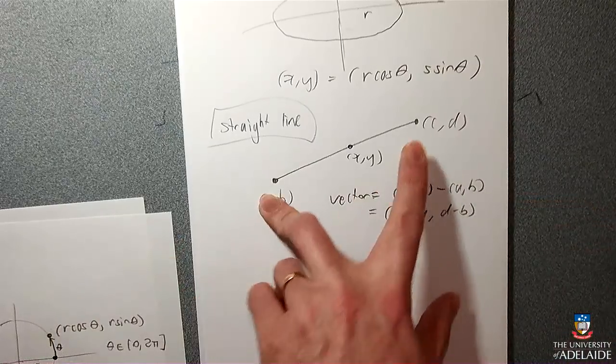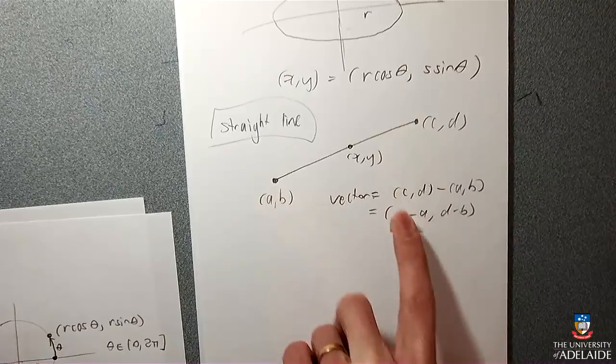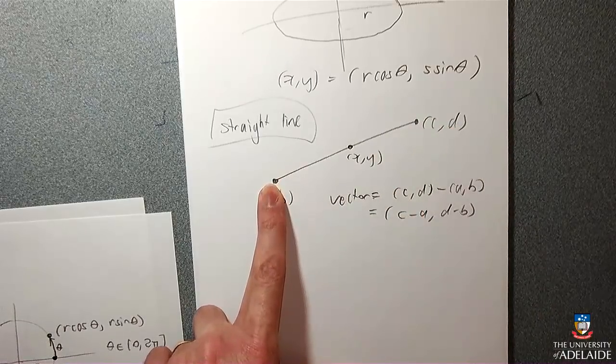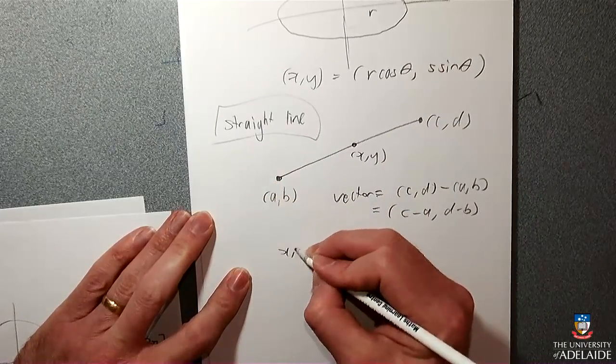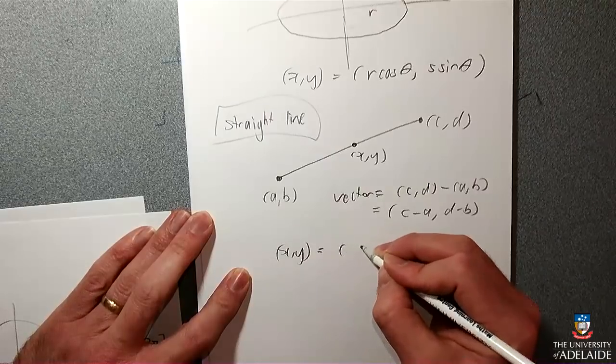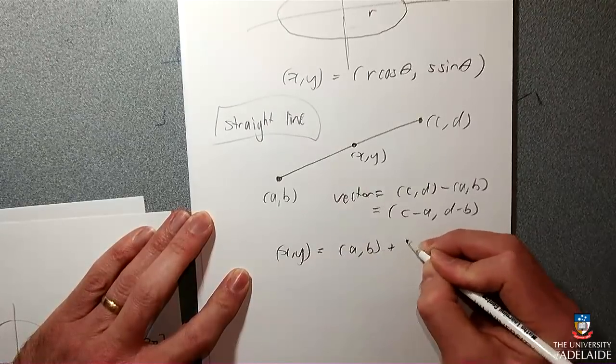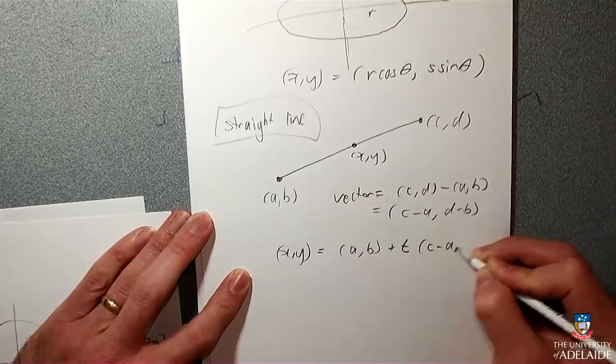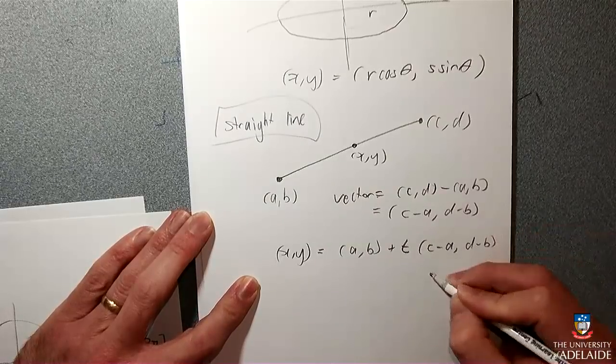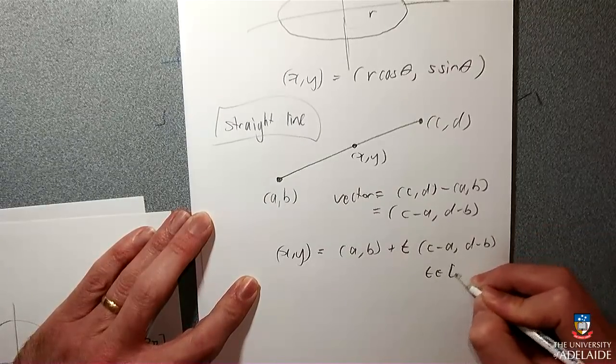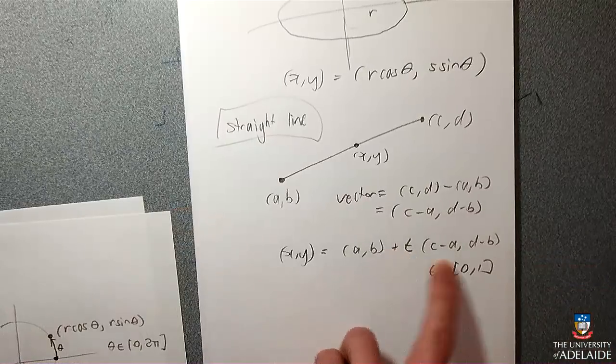So I can do the vector from here to here. So you do end minus beginning. And then xy will be: start at AB and go t lots of the vector, where t is between 0 and 1, because t is the percentage of this vector that I've gone.